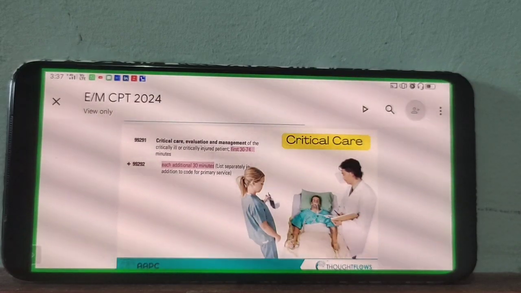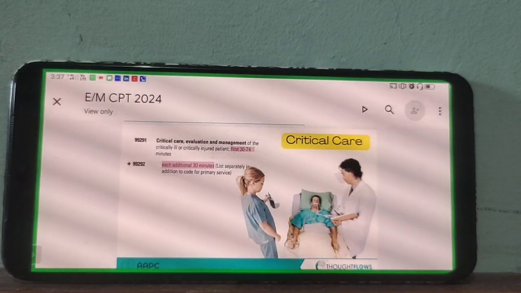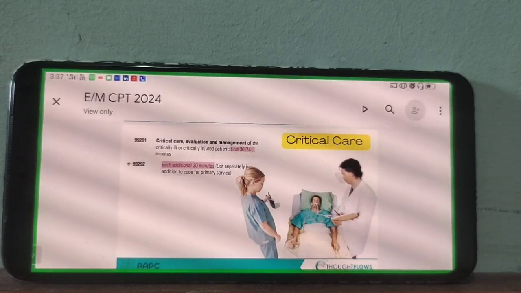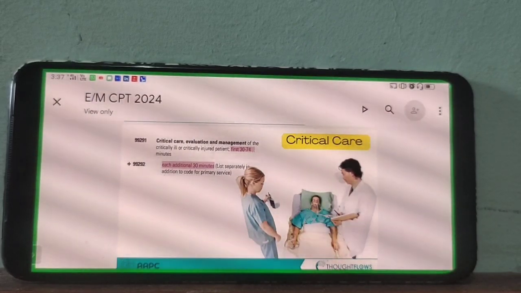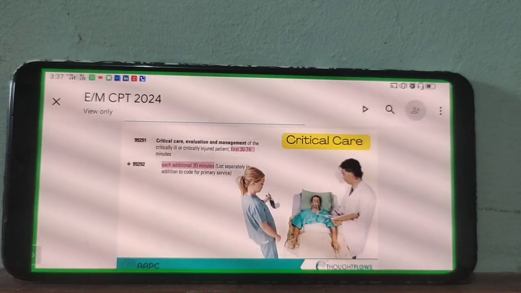Critical care codes are reported based on time. Beyond the 74, for each additional 30 minutes, 99292.